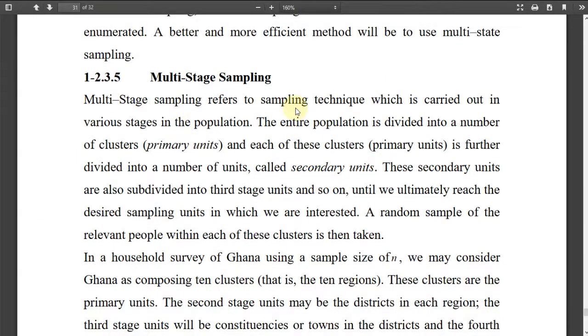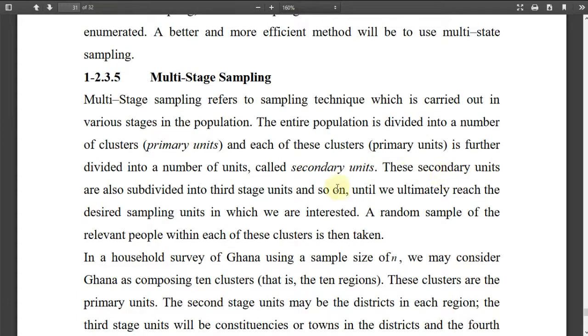So multi-stage sampling refers to a sampling technique which is carried out in various stages in the population. The entire population is divided into a number of clusters. The first subdivisions are called primary units, and each of these primary units is further divided into a number of units called secondary units.